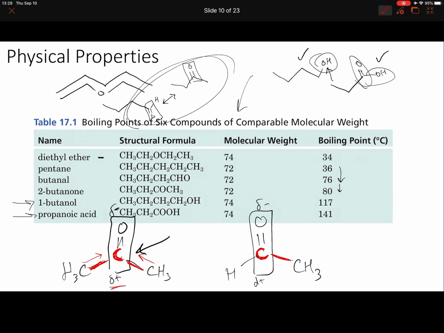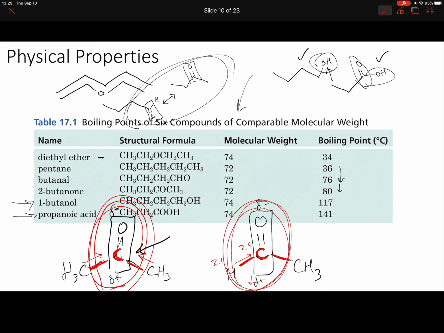Now, on the other hand, we've got this carbon over here in the aldehyde, and while it does have a bond to a carbon, it has a bond to a hydrogen, and a hydrogen actually has a different electronegativity than carbon. It's lower. So this carbon is able to get a little bit of electron density from this hydrogen, meaning that some of those negative electrons come and lower the overall positive charge here. So whatever the polarity of this bond, this one is slightly less polar because the carbon was able to get some of those electrons back from that hydrogen.